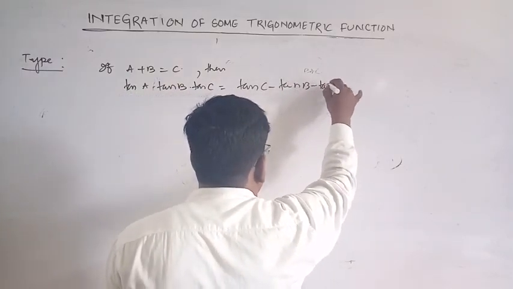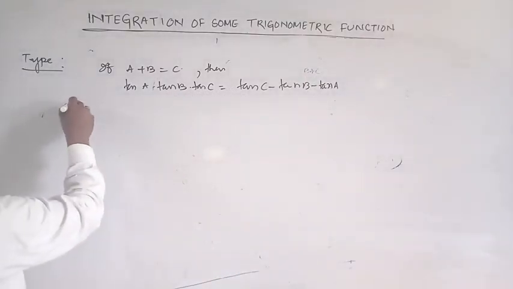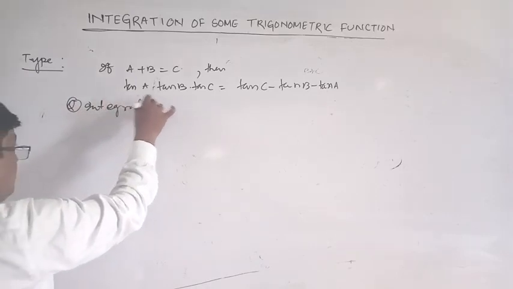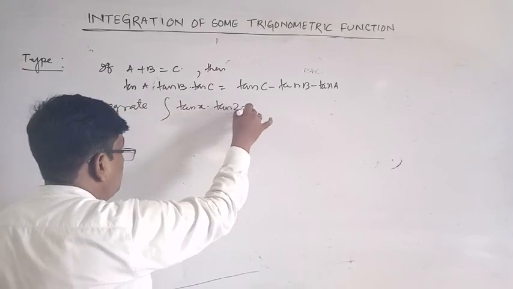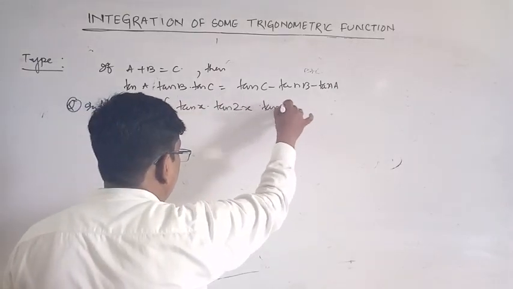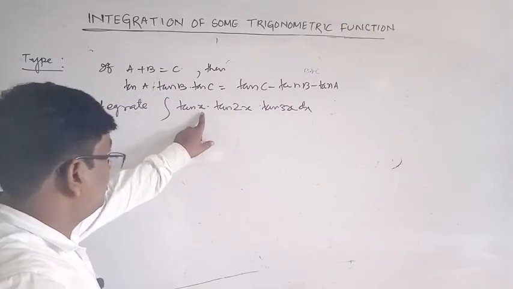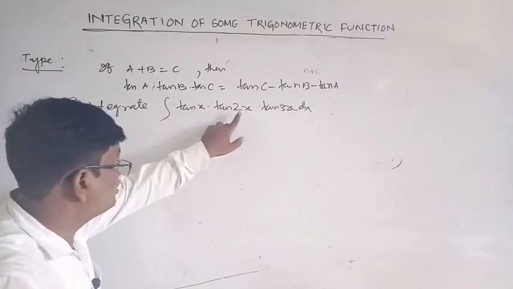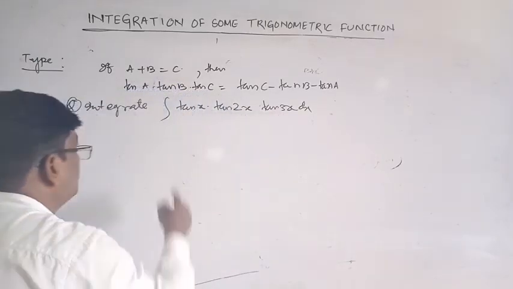This is the concept. Now one example, question: integrate tan x into tan 2x into tan 3x dx. Here a is equal to what? x, b is equal to 2x, c is equal to 3x.